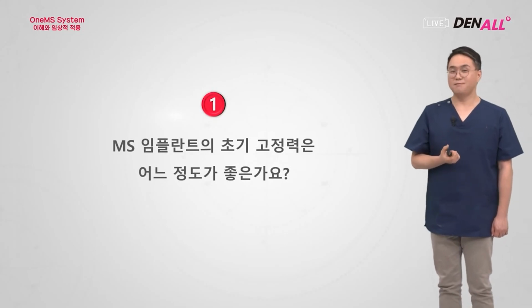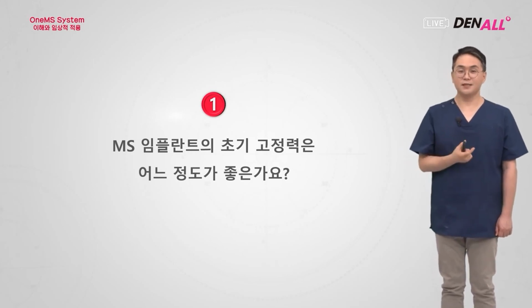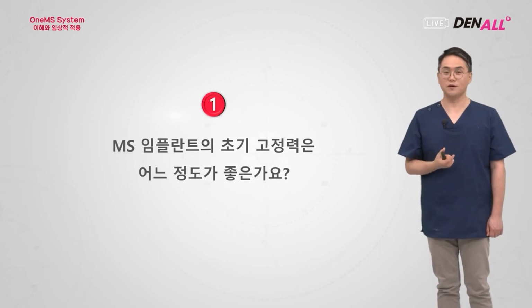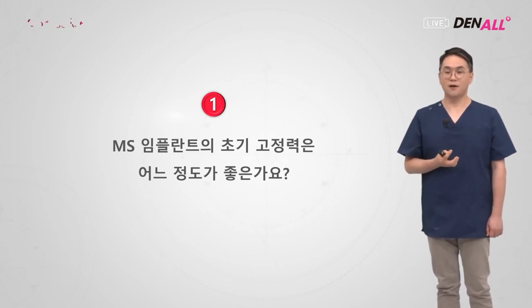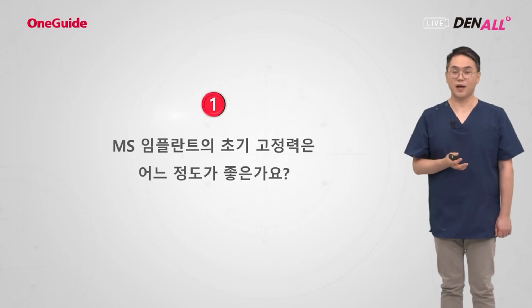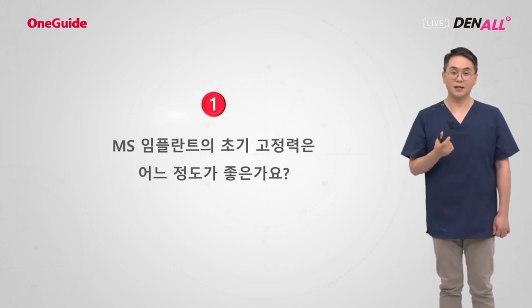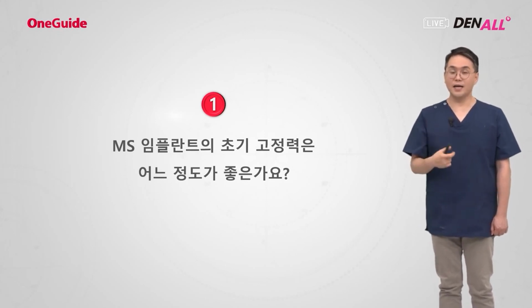When placing an MS implant, what the initial stability should be is a question I was often asked. Same as STS type implants, 30 to 40 newtons would be sufficient for immediate loading. On the lower anterior part, you don't have to worry about initial stability too much because bone quality there is good. If I may share my own tip, for diameter, I just drill up to the guided line.